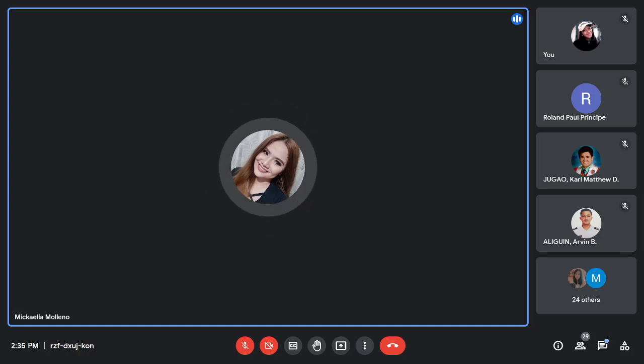So bibigay ko na yung for the lecture at yung unang part ng lab. Bigay ko na siguro yung module for lesson 2 para ma-scan nyo na siya if you have time before natin siya i-discuss.